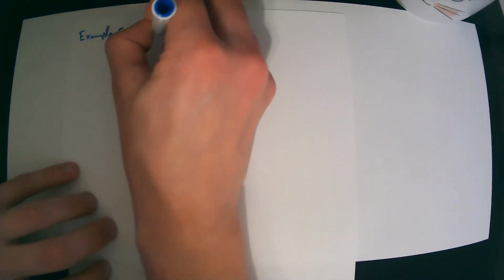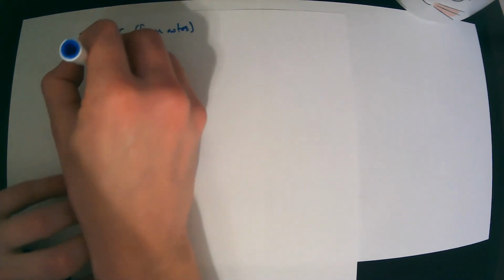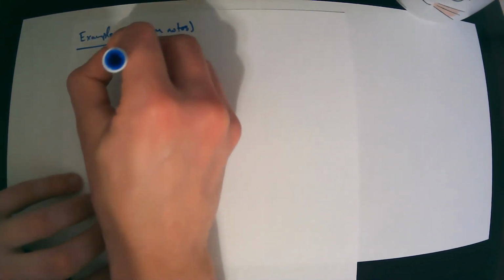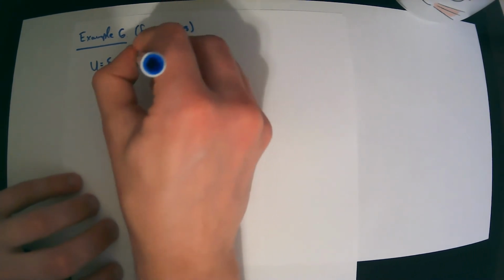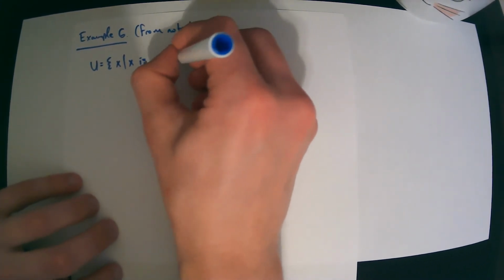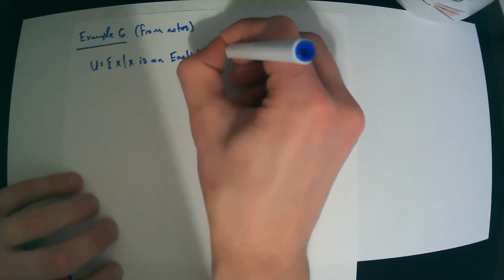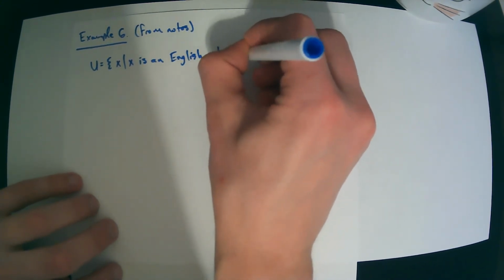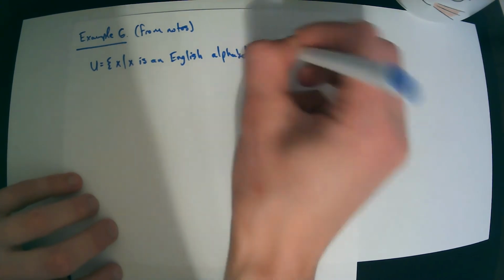This is example 6 from the notes. So let's just verify De Morgan's laws using these sets, kind of showing that De Morgan's laws work at least with these sets. U, the universal set, is the set of all English alphabet letters.